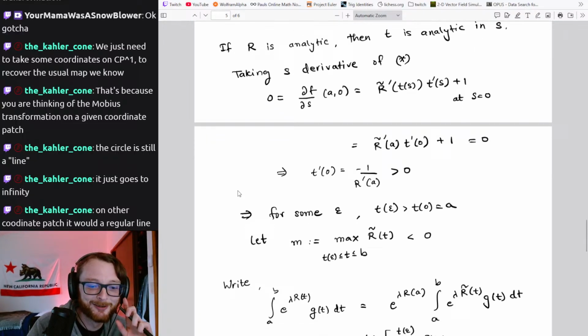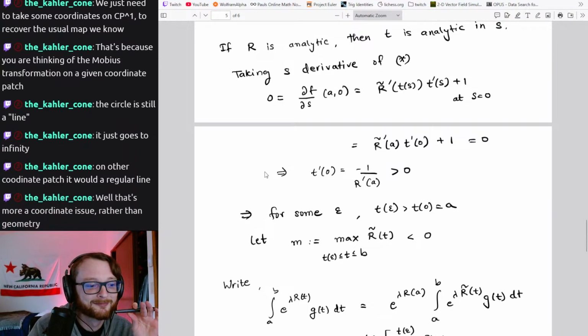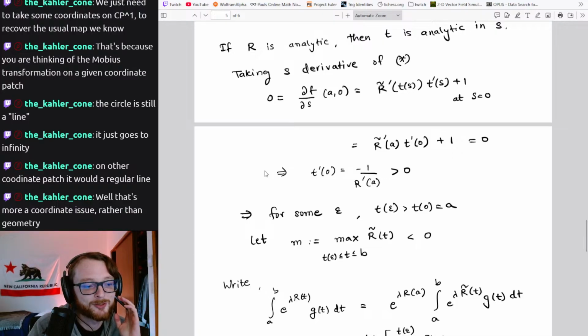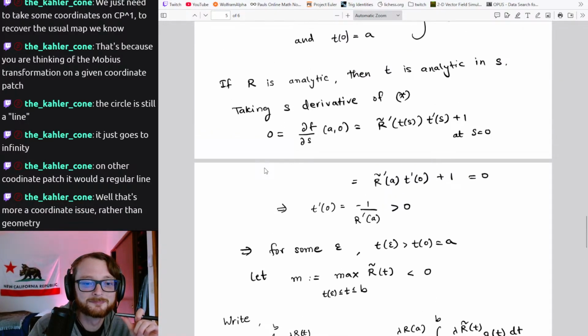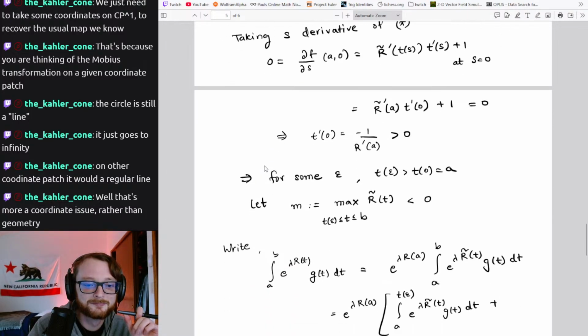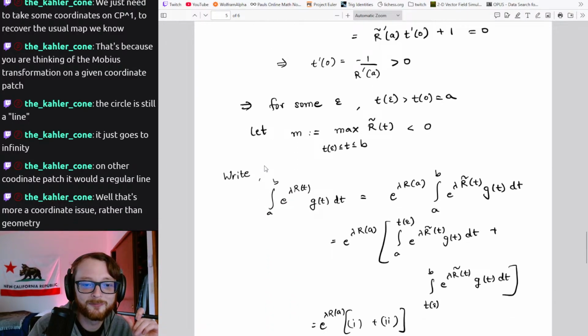That's kind of annoying. But okay. I guess what is a line if not a circle with infinite radius anyway? It's more of a coordinate issue rather than geometry. Not happy about it, but okay.